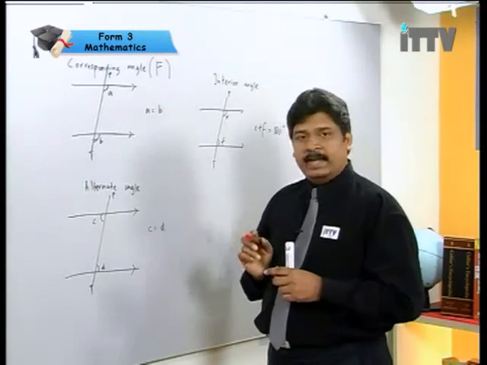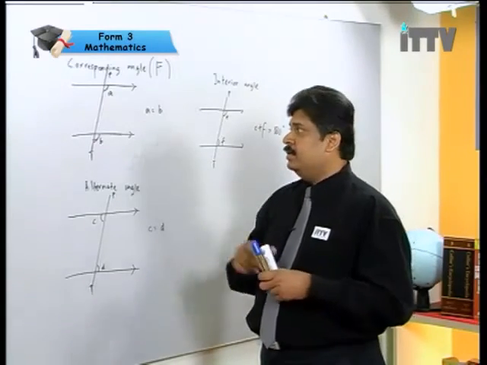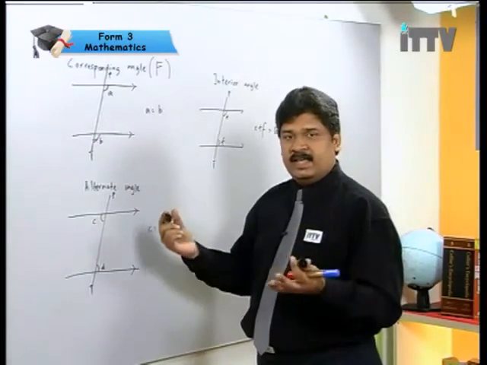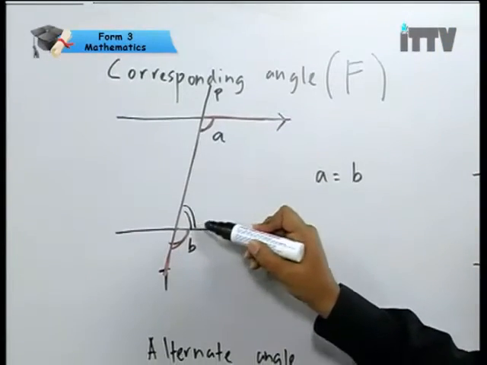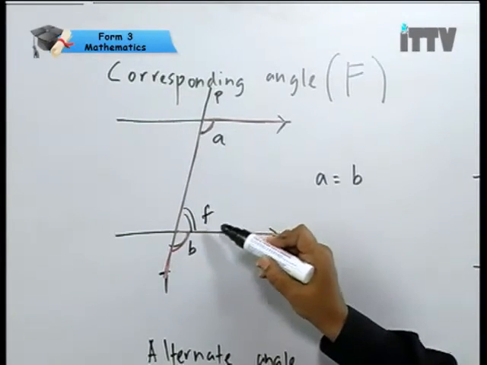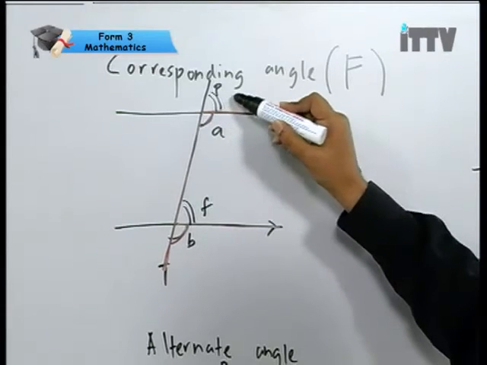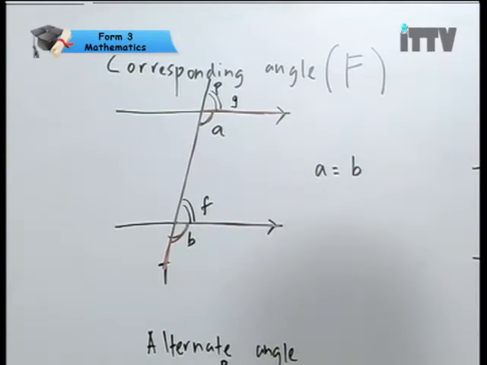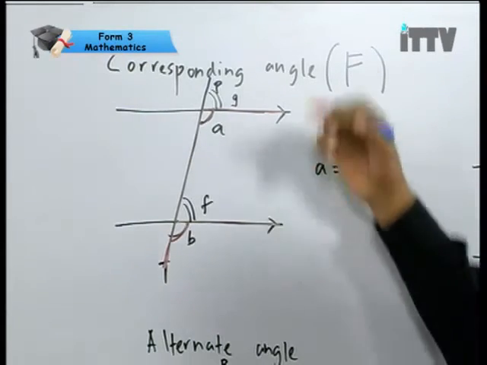Now, when I can capture the alphabet F, these two angles, one in and one outside, is what I call the corresponding angles. Likewise, if I have another value here, let us say for our lesson today, I put this to be F. So therefore, this F value is corresponding to this side, G. Now, when you look upside, it will be another F on the other side.